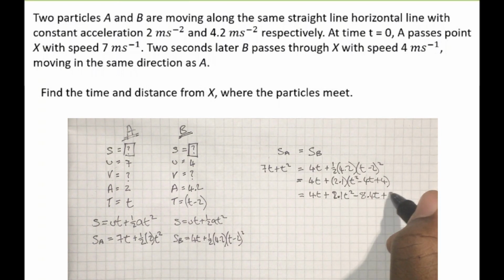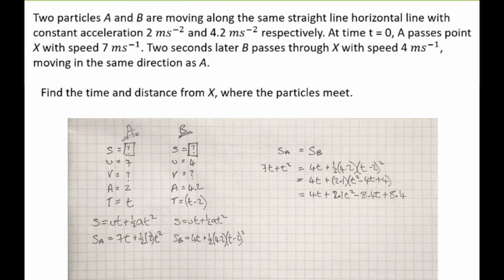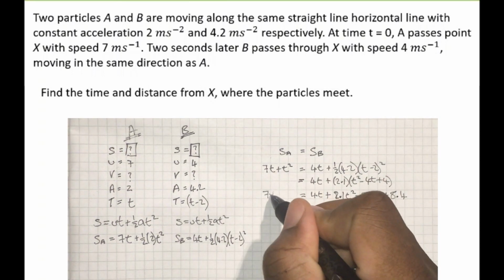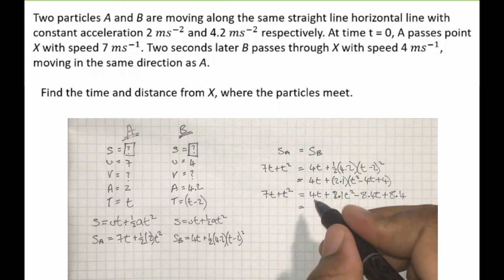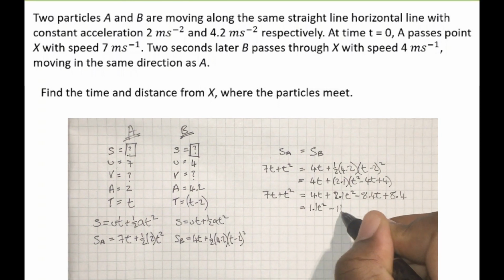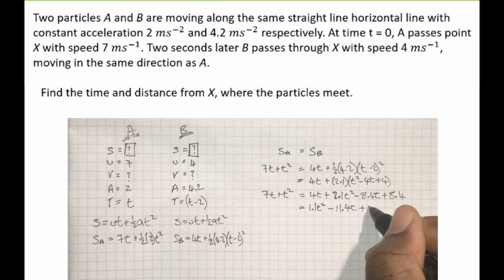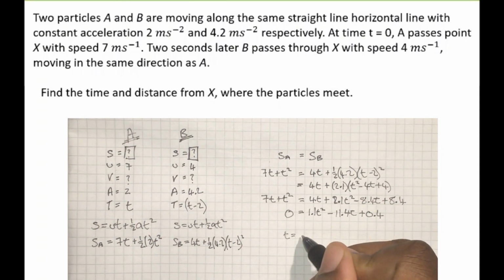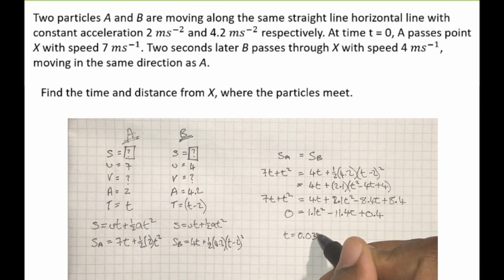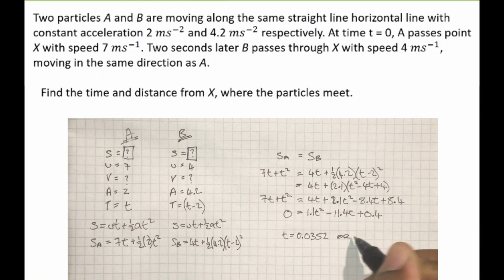So just some careful rearranging, moving all of the terms onto one side of the equal sign, and then I can just go ahead and solve. You can use any technique that you'd like to solve. I think you're probably best off using the equation solver on your calculator or the quadratic equation.